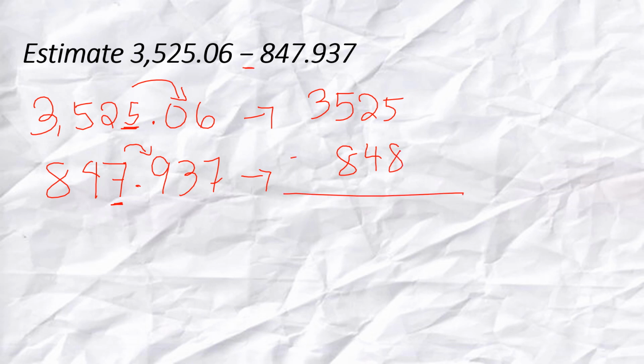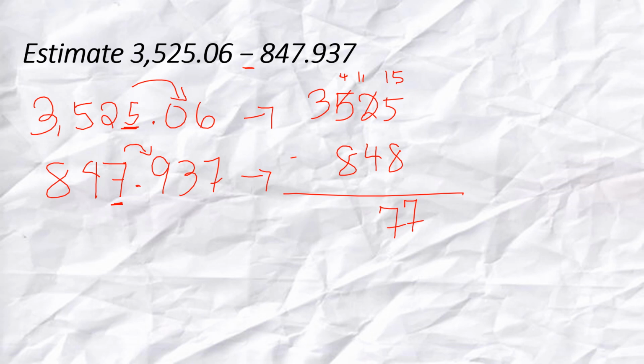The operation is subtraction. 5 minus 8 is not possible, so we need to borrow from 2. 2 will become 1, 5 will become 15. 15 minus 8, that is 7. 1 minus 4 cannot be, borrow from 5, 5 will become 4. 1 here will become 11. 11 minus 4 here is 7.